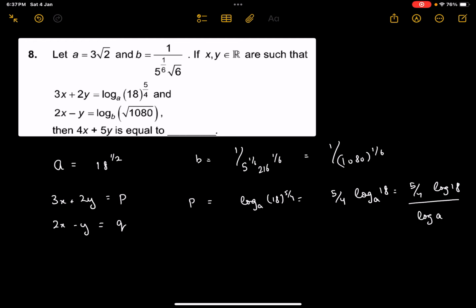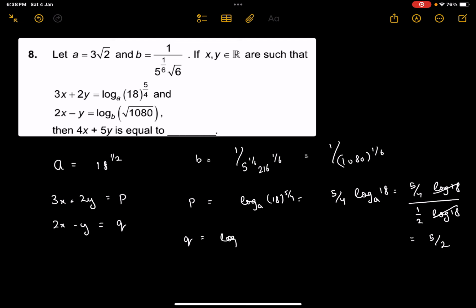Log a is log 18 to the power half, which becomes half log 18. So we simply replace this, log 18 gets cancelled, which means p is equals to 5 by 2. Similarly, we'll try to find q.